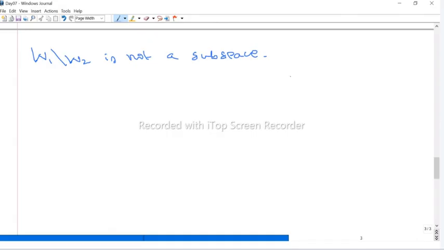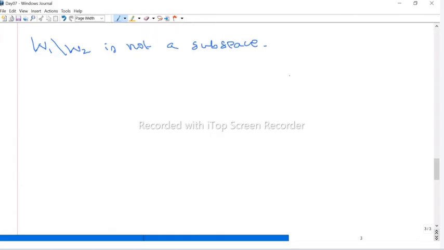Now we define what we mean by linearly independent and linearly dependent. What is a linear combination? Suppose we have a set of vectors v1, v2, ..., vn. These are all elements in V, that means these are all vectors.